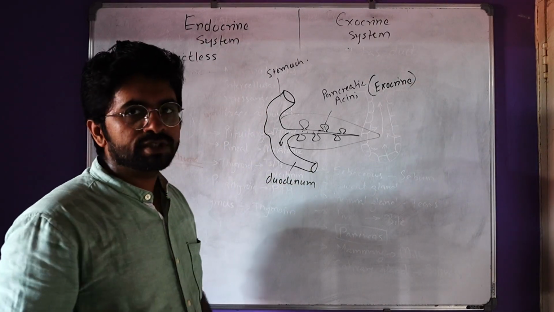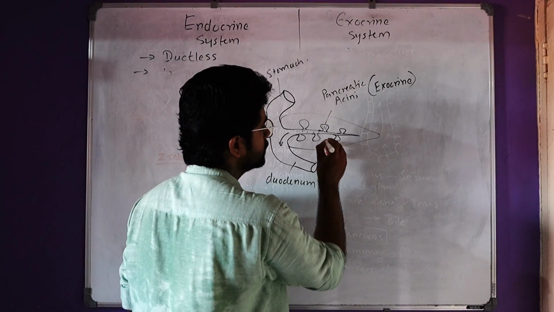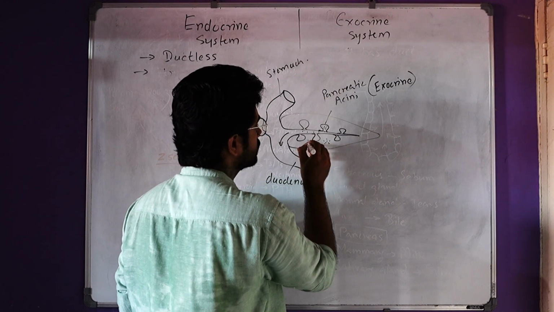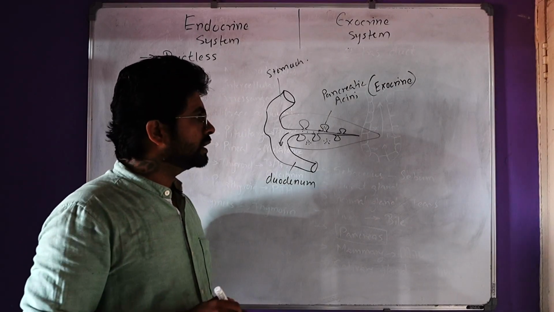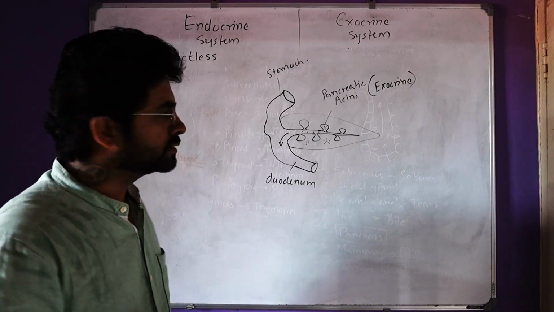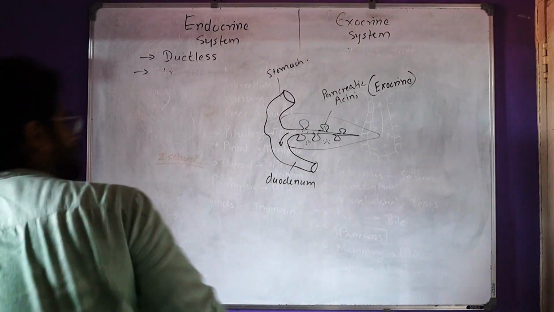Now the question is, what is endocrine? Why is it endocrine? So here there are some islets of Langerhans. There are near about 1 to 2 million islets of Langerhans, which contribute about 1 to 2% of the whole pancreas. Okay, so pay attention to this.